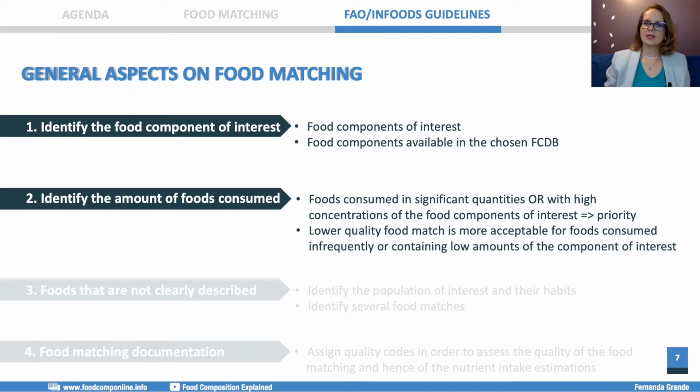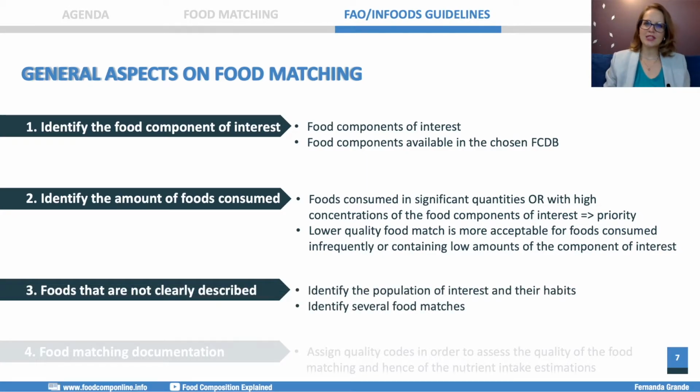So this means that foods consumed in significant quantities or with high concentrations of the components of interest should be considered as priority, while a lower quality food match is more acceptable for foods that are consumed in minor amounts or that don't contribute a lot to the components of interest.